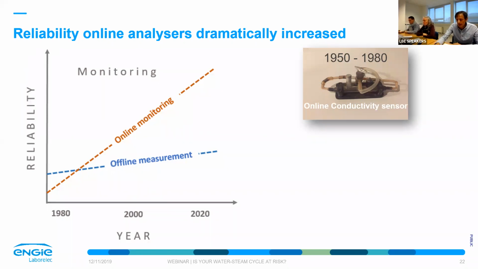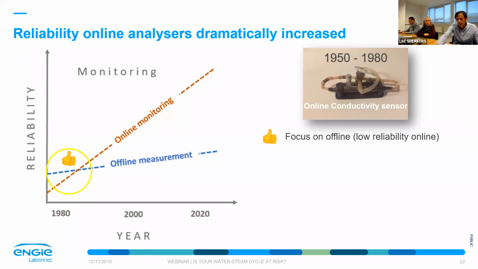You can see that in 1980, let's say 40 years ago, the reliability of offline instruments, so your laboratory work, was higher than that of the online monitoring devices. So it was justified at that time to focus on your laboratory, and your staffing was most of the time present in the lab to do analysis.